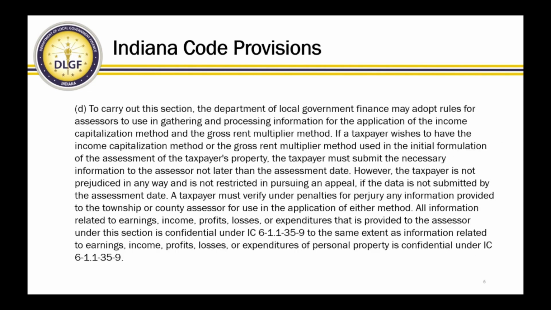In this situation, from Indiana Code 6-1.1-4-39, paragraph D, you can see in the middle it says, however, the taxpayer is not prejudiced in any way and is not restricted in pursuing an appeal if the data is not submitted by the assessment date. So preferably, obviously, we would want the taxpayer to send in their income and expense information in a timely manner, but if they don't, they still can file an appeal.